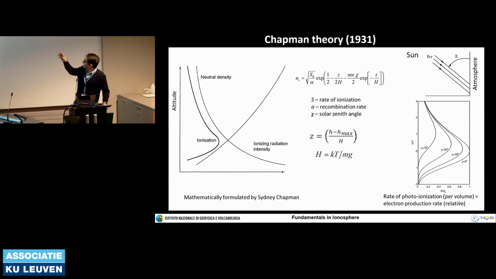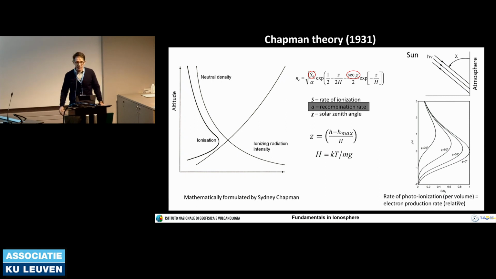And here you can see some important factors. Of course, you need to take into account the rate of photoionization and the solar zenith angle, which is the angle that gives you the idea of how efficient the sun is in transferring photons from the sun to the atmosphere.